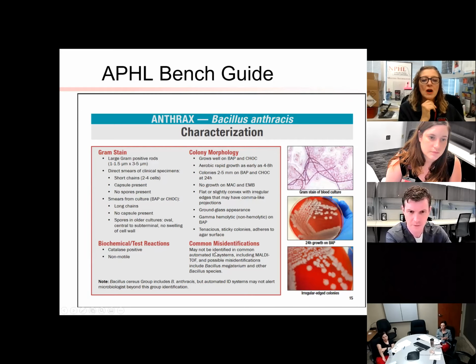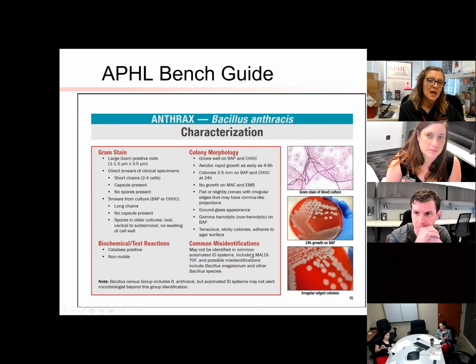If you are a laboratory who does not do the gram stain and just takes organisms and puts them straight to the MALDI from the plate, which is, I have to warn you, really a no-no. You should be doing all gram stains first to confirm that it is an organism that you can rule out before you put it on the MALDI.